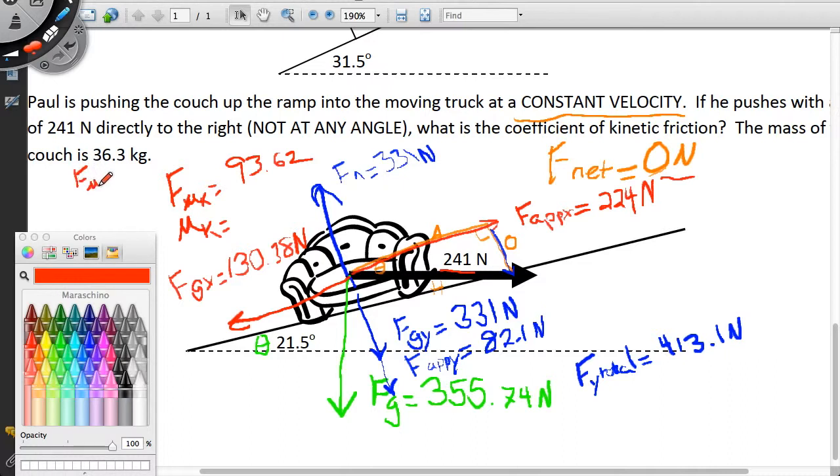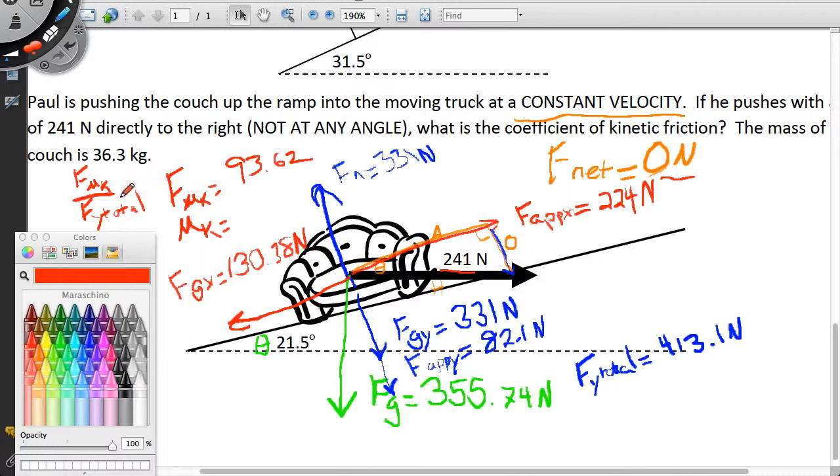Then to figure this out, all I'm going to do is take my force of kinetic friction and find the ratio between the two, because this is being made up by my force total on my y. Because if you push down harder on an object, you will actually increase the frictional force.